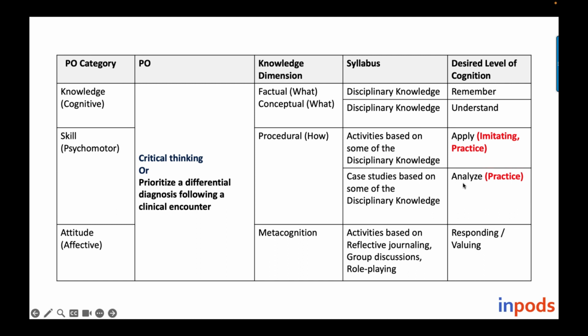In the case of case studies, I want to take them to the analyze level, but again, practice is the level of the psychomotor domain to where I want them to go. I don't want them to become researchers or scientists. That's not the goal of my program. So I am limiting my expectations to this level.